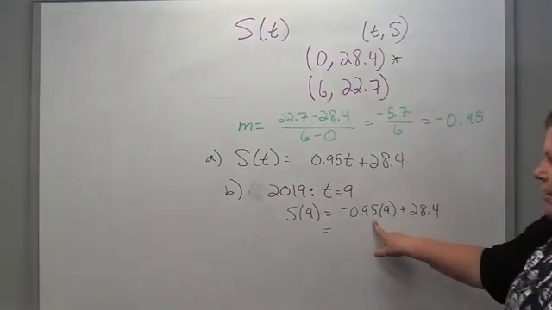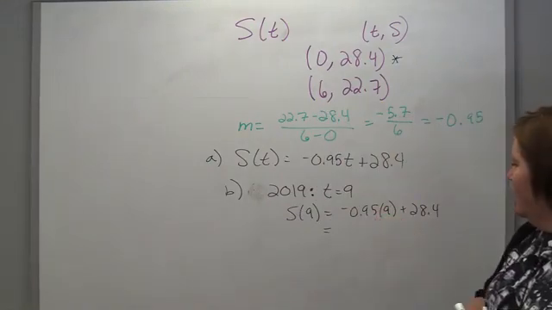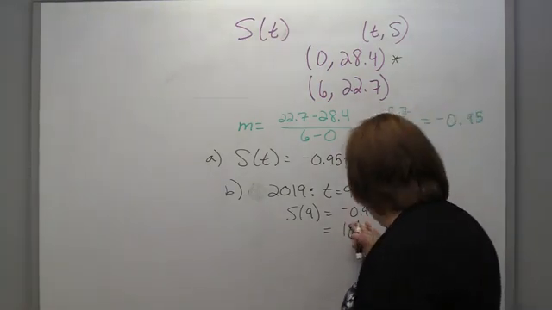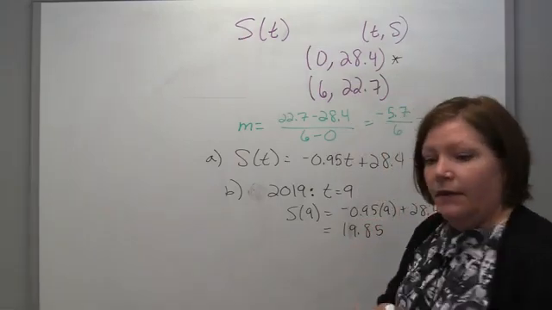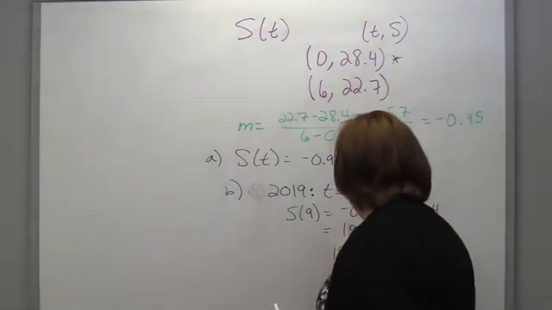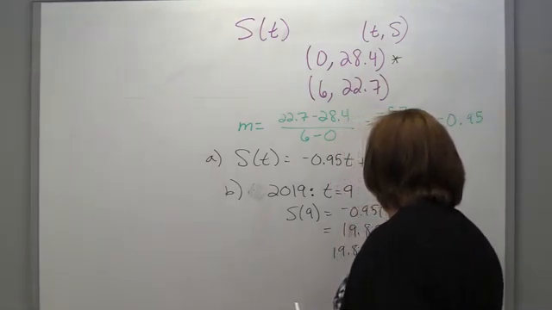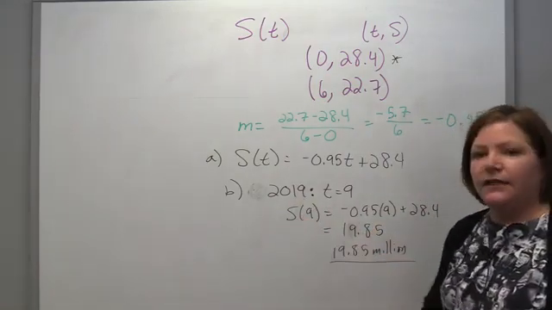Being very careful with our calculations, with lots of scratch paper or a calculator, we get 19.85. So what is this number? This means 19.85 million are expected to be sold in 2019.